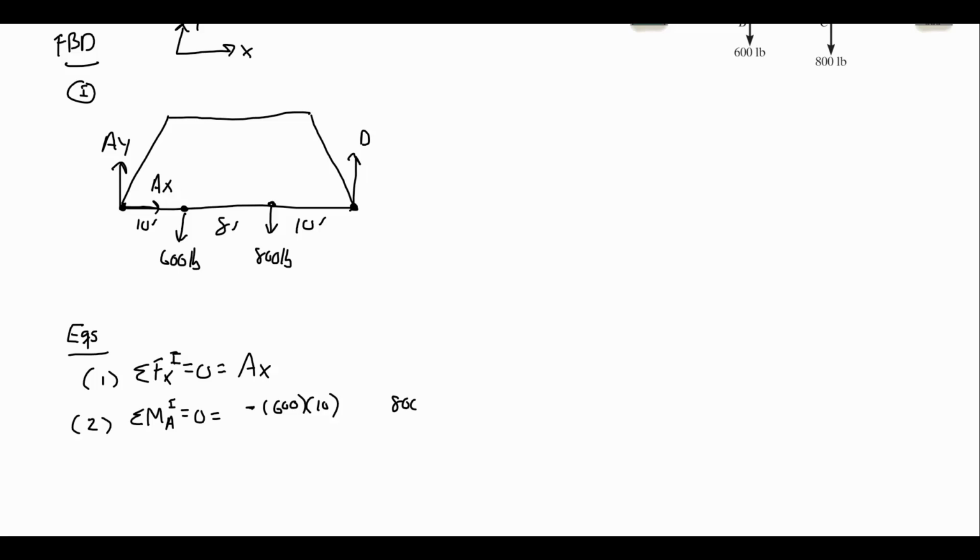And we have an 800 times 18, also negative, plus a 28 times D. By taking the moment around A, we see that D is the only unknown in this equation, so it will be solvable for D. While I'm here, I will sum forces in the Y direction as well. We'll have AY minus 600 minus 800 plus D.